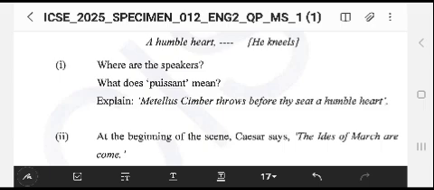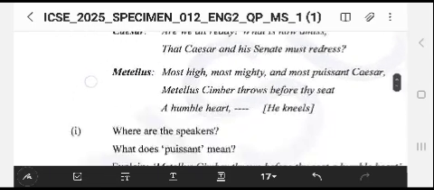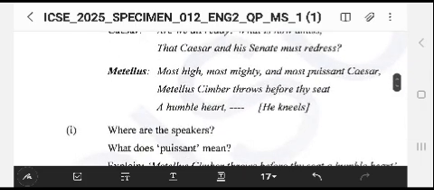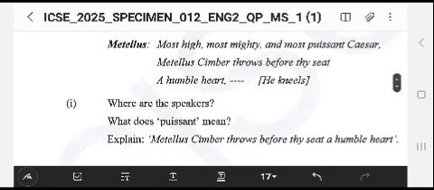What does the peasant mean? Explain Metellus, "Thy brother strolls before thy seat a humble heart." When you are writing the answers for this literature part, make sure that keywords are very important. If you are writing a full sentence and there are no keywords in it, you will not be getting marks.